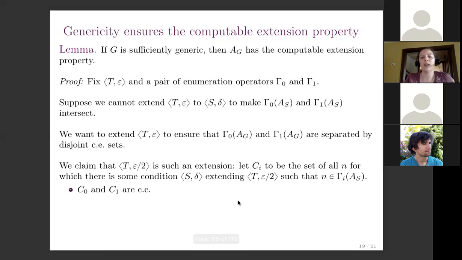Those two now are C.E., right? Whether there is such a condition is C.E.